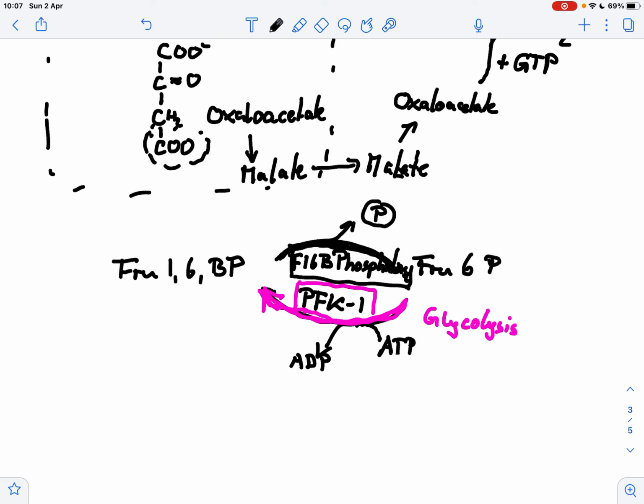We have a system where in one case we've got a kinase. We have a phosphatase here, removing the phosphate, and here we've got a kinase adding the phosphate.